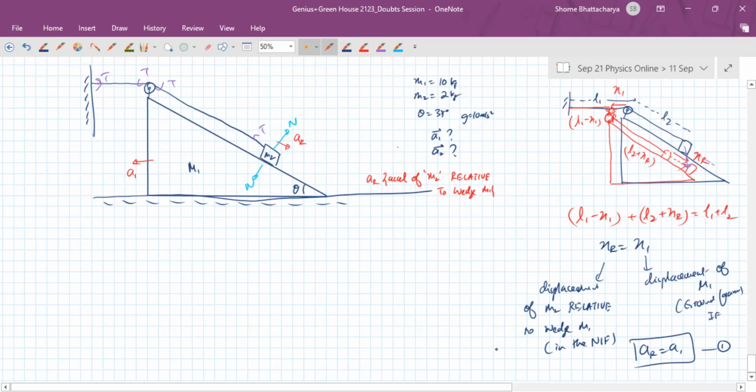Even in this, sir, they've given that segment 2 is from the pulley till M2, and segment 1 is from the wall till the first pulley. Whatever book you have taken it from, they have unnecessarily expressed it by trigonometry and made it very lengthy. But the final result that they will also get is the same, that x relative is equal to the capital X of the wedge.